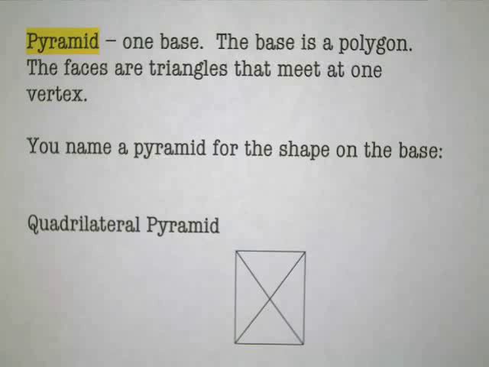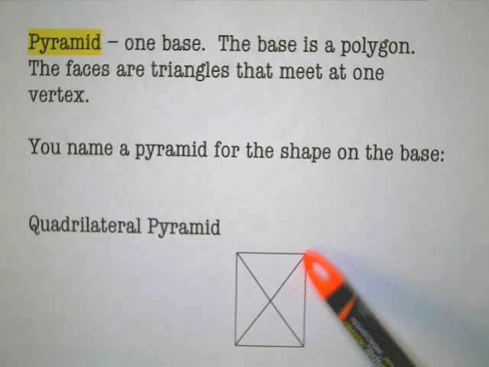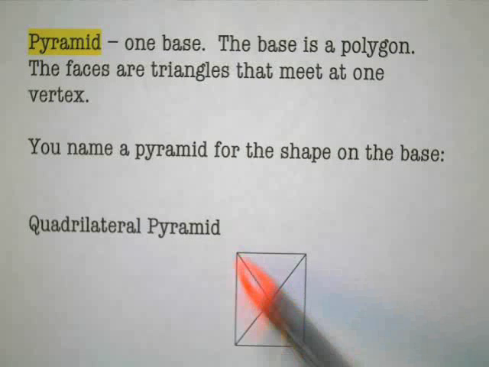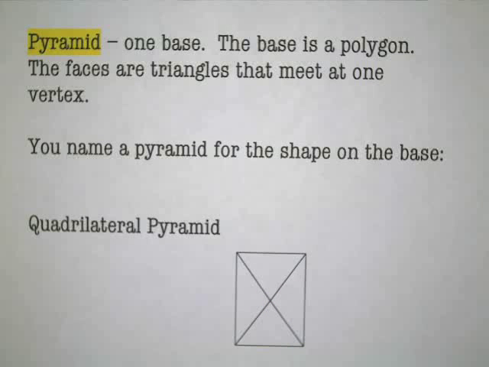A rectangle. And what's a rectangle's polygon name? How many sides are on it? 4, so we call it a quadrilateral, right? So it's a quadrilateral pyramid. And the reason we know it's a pyramid is because the sides are all triangles that meet at one point.